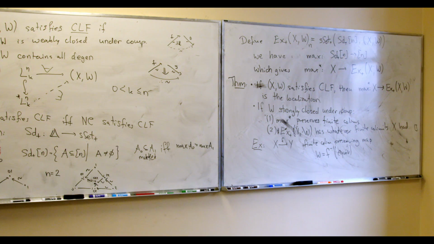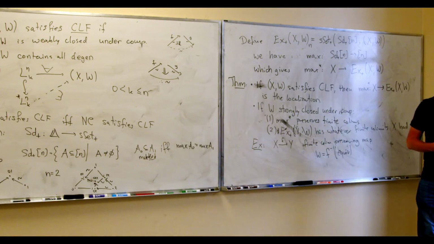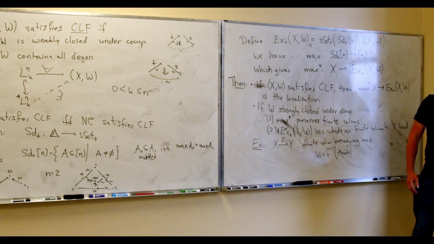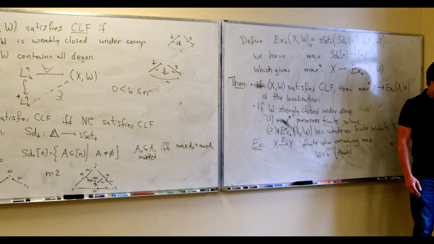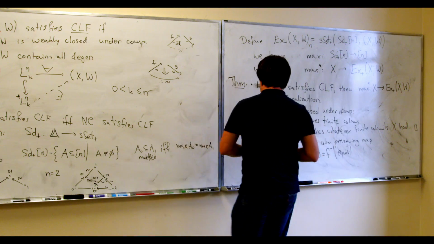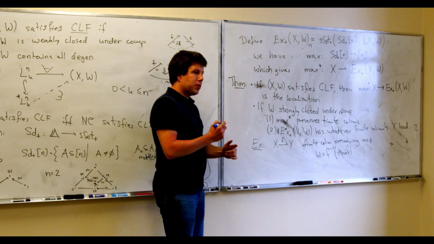Okay, you mentioned the reflective localizations. Are model categories also always examples of this? Because you can take cofibrant objects, and then probably the cofibrant objects allow this calculus of fractions? Well, I'm not actually sure, but it feels like it. I can tell you exactly what happens if you restrict to cofibrant objects.